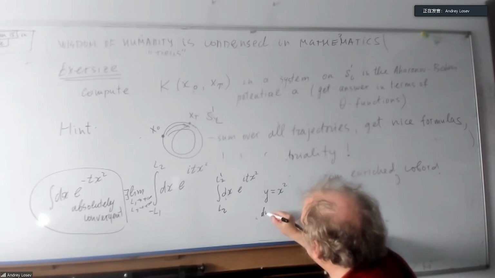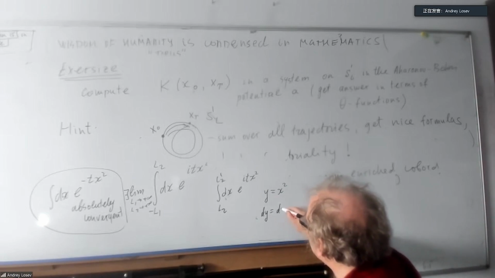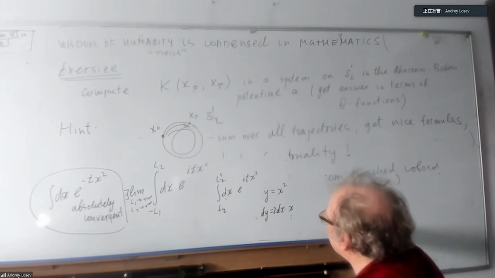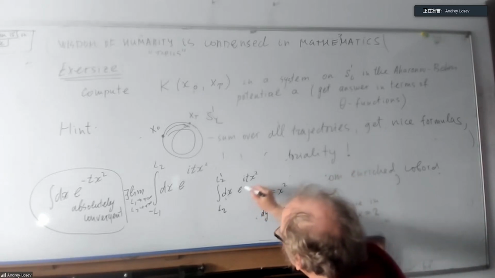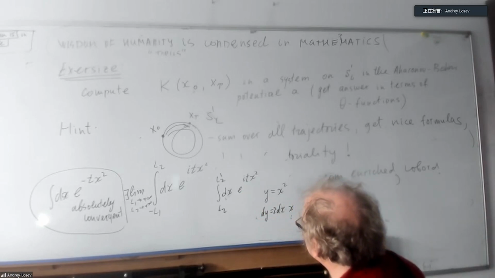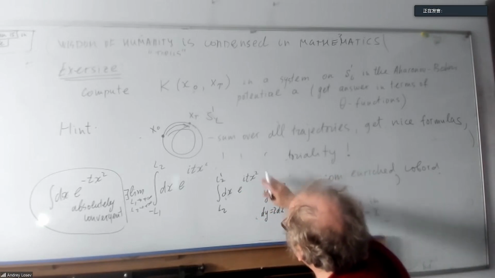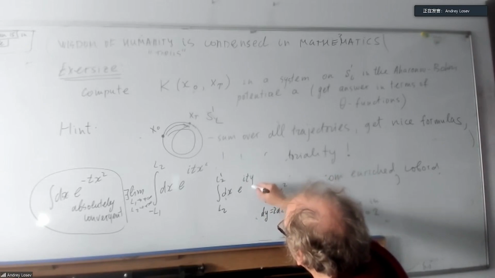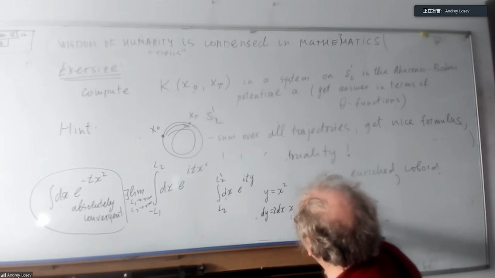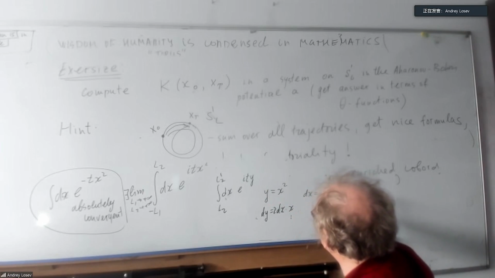Then dy is dx times x with a factor of 2 standing here. So let us change variables. We will get here y. So dx is dy divided by 2x. That is the square root of y.